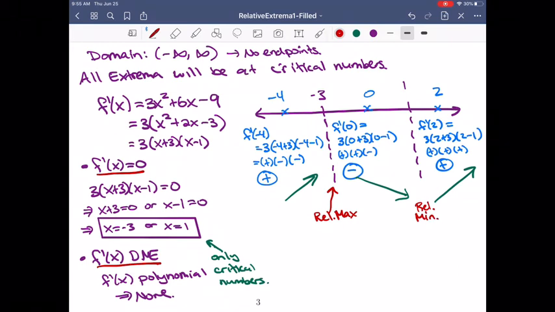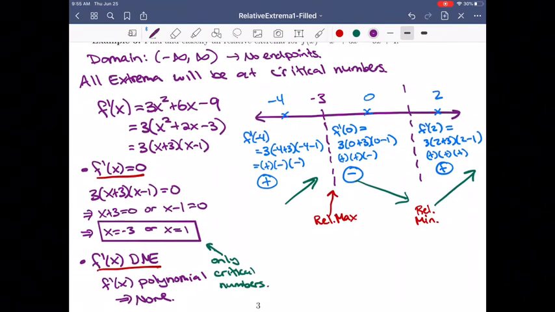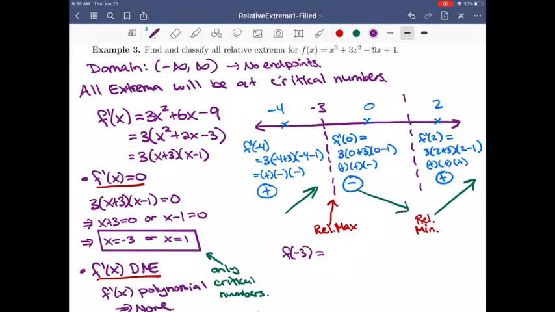So I want to find what these are, which means I want the y values. So f of negative 3, the y value at negative 3, is negative 3 cubed plus 3 times negative 3 squared minus 9 times negative 3 plus 4.